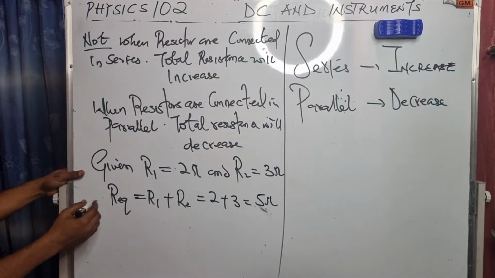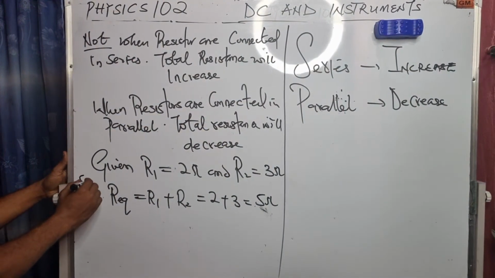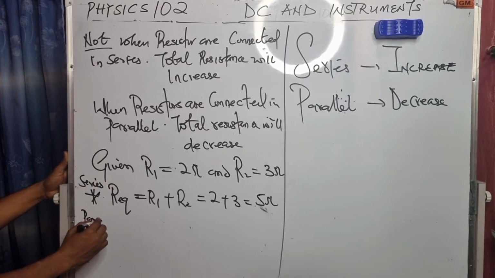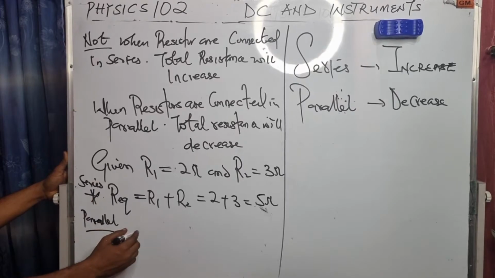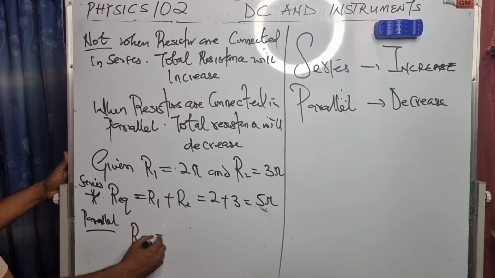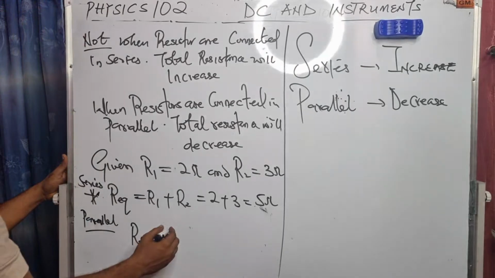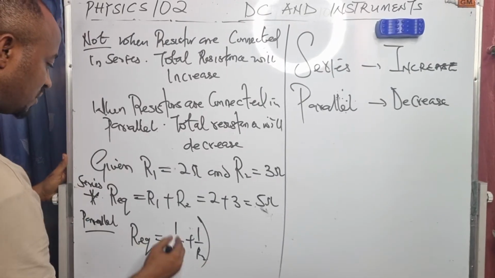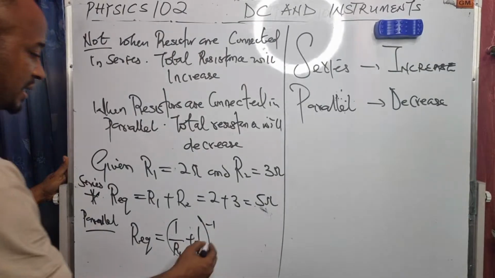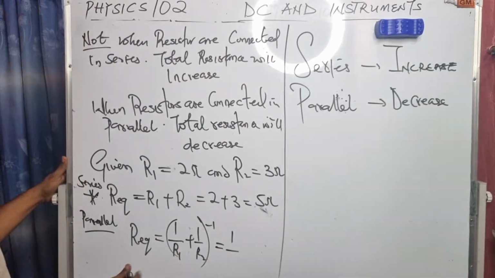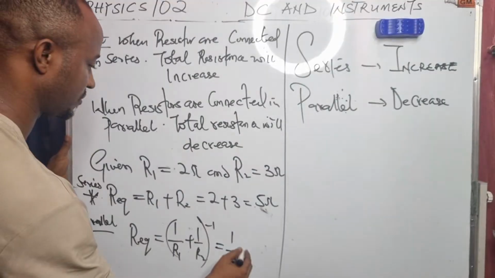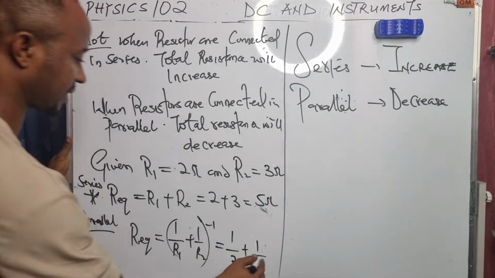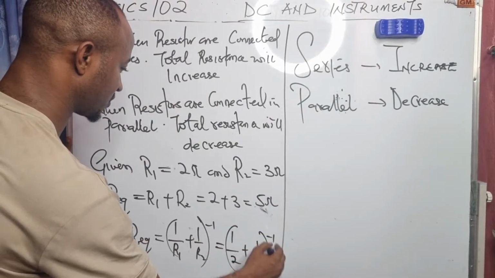This is for series, right? If we are to find the same with the same value, but in parallel, it means my R equivalent will be 1 over R1 plus 1 over R2, all to the power of minus 1. That will give us 1 over 2 plus 1 over 3, all to the power of minus 1.